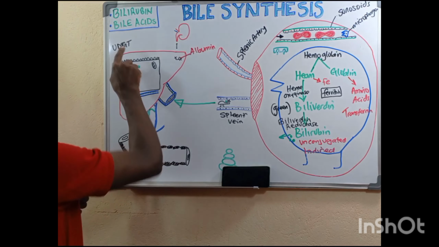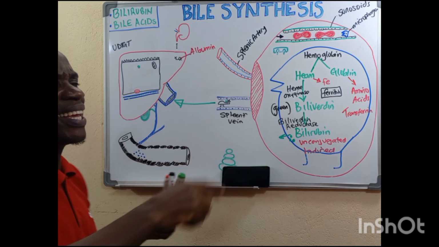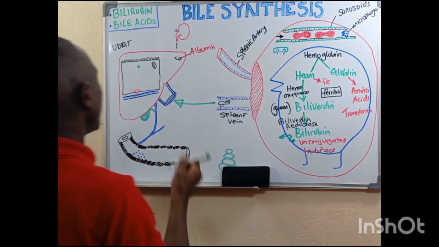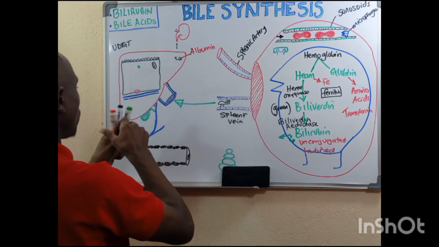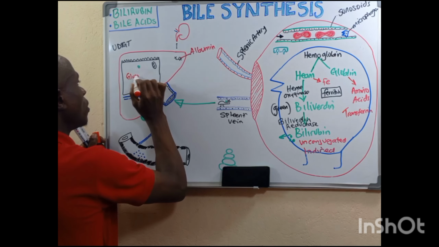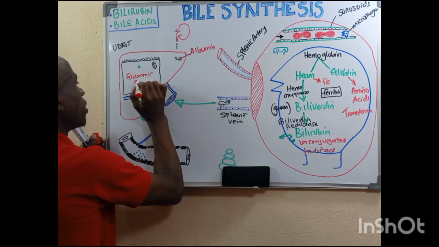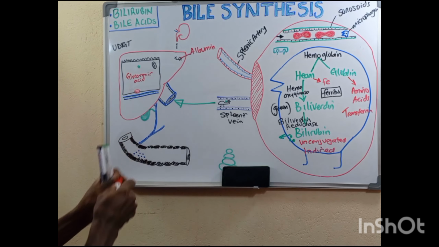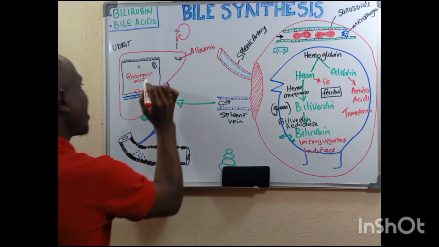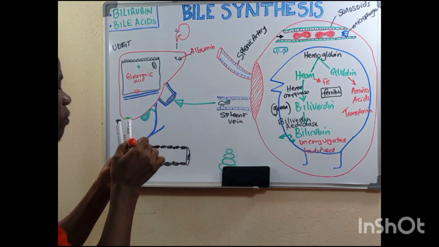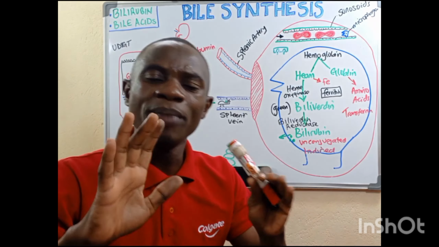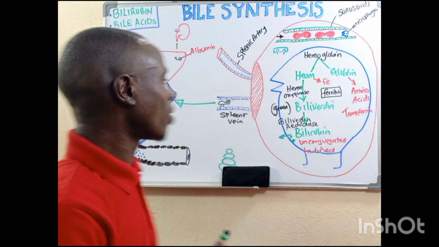This enzyme aids in the reaction between unconjugated bilirubin and glucuronic acid. So now, when unconjugated bilirubin reacts with glucuronic acid, under the influence of uridine glucuronide transferase, our bilirubin becomes fully conjugated.